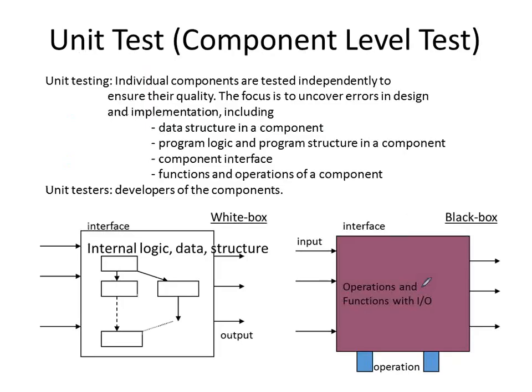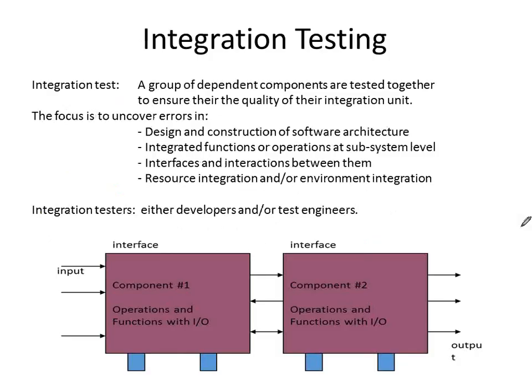Now, in the unit test, we're seeing there's one input and one output. But here you see there is one input, then the arrow is going both ways. So you're talking between two components, and then your interface is one, or your output is one.